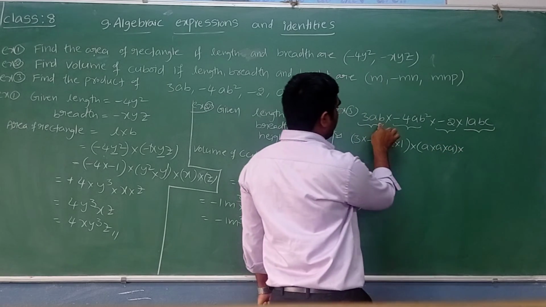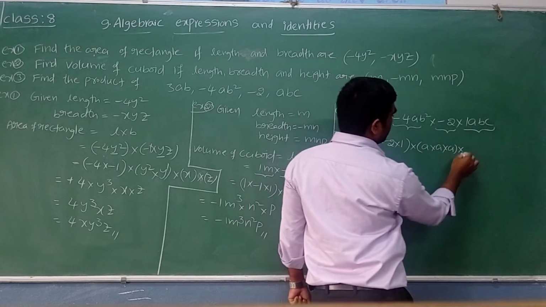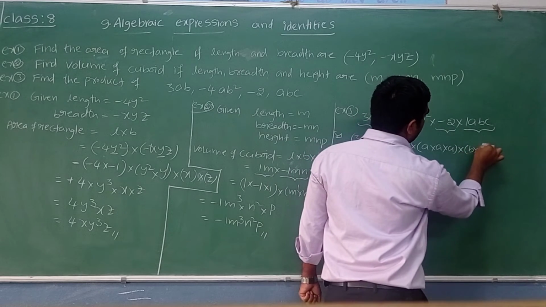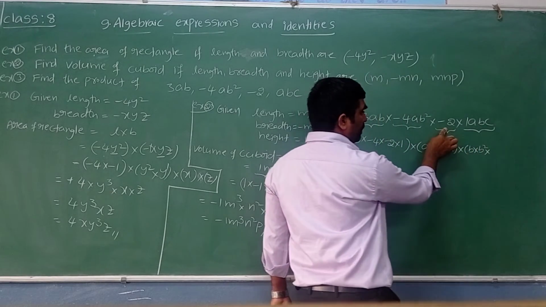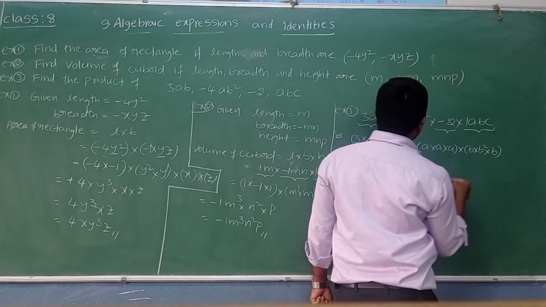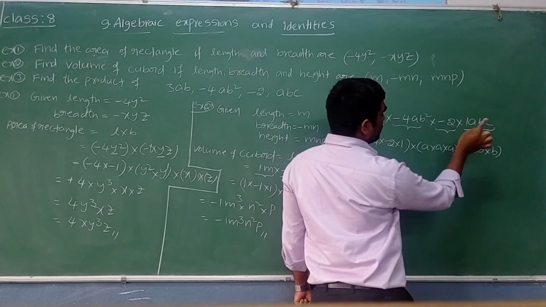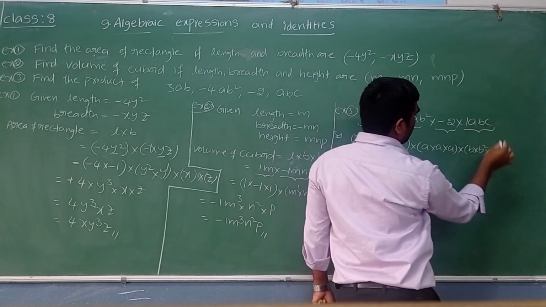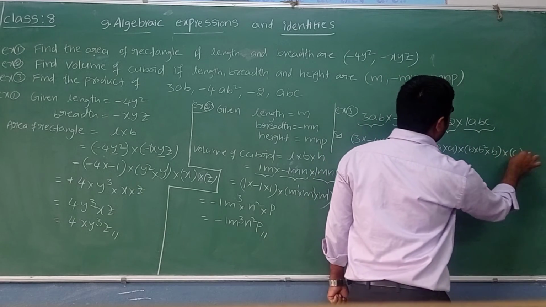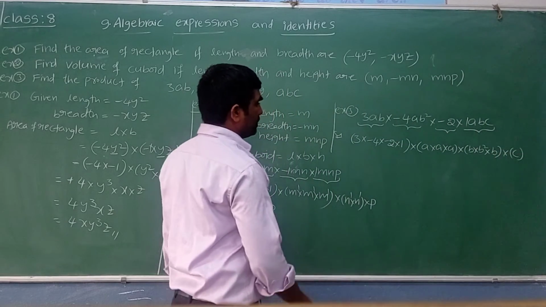Next like terms b. Here b square, I can write b into b square into, here no b term, here you can see 1 b. Next you can see only one term which is c. C is only 1. Now simplify this.